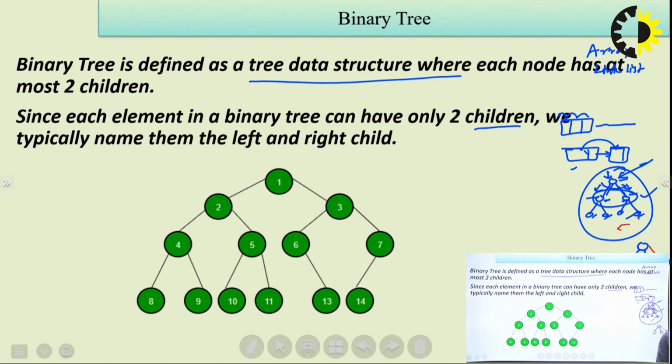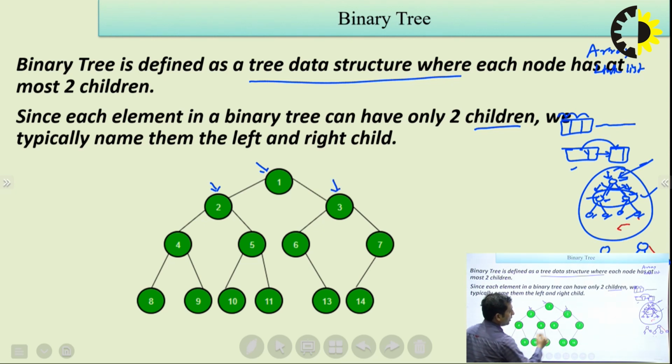Since each node in a binary tree has only two children, they are typically named the left child and the right child. As in this picture, this is the root node, and this is the left child of the root node.